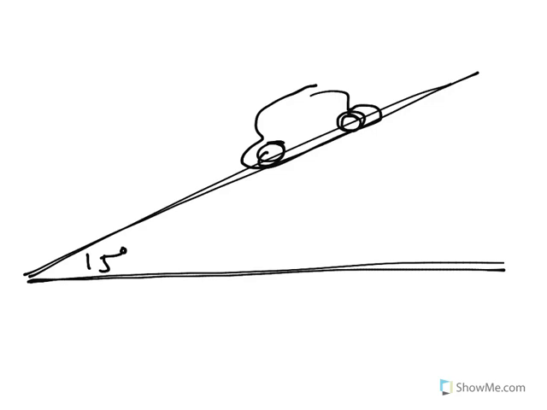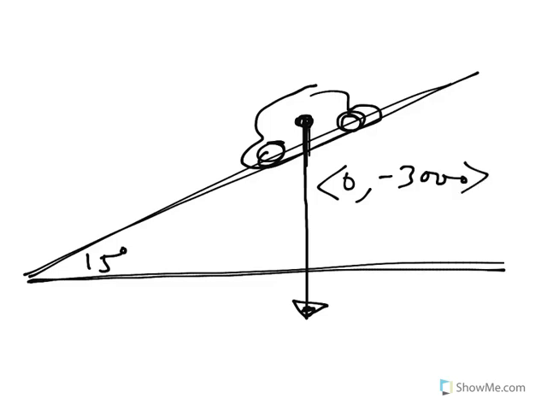Now the car weighs 3,000 pounds, and the way we illustrate that is from the center of the car, we draw straight down towards the center of the earth a vector, and I'm going to call it <0, -3000>. That's the force of gravity, because the weight of the car is 3,000 pounds, and the magnitude is just 3,000.